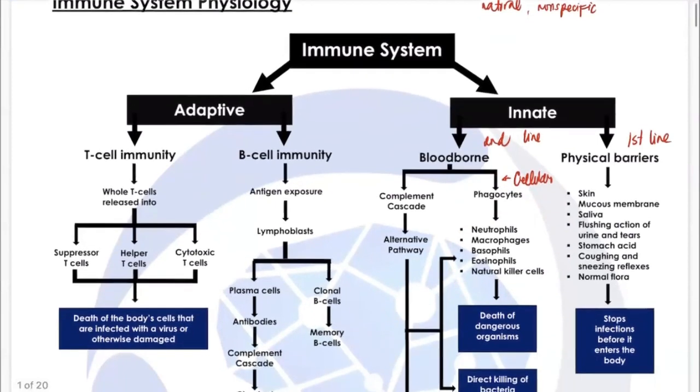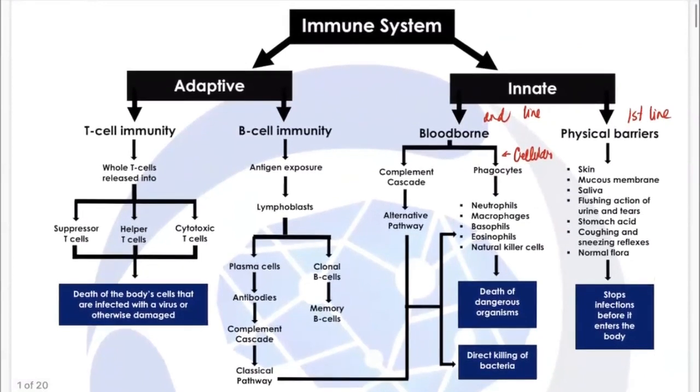Then kung merong mga cellular components, we also have our humoral components. Okay, so the humoral components naman, ito yung mga soluble factors. Okay? So the main component or the main humoral component of the second line of defense is the complement cascade.